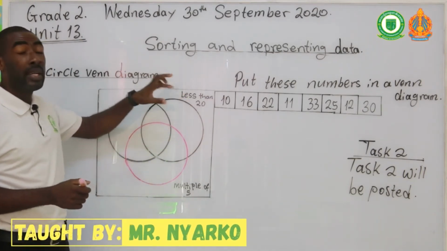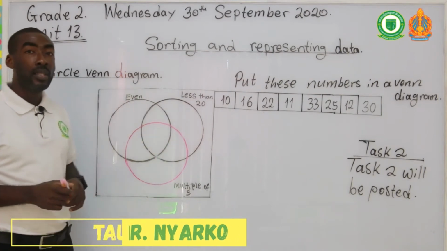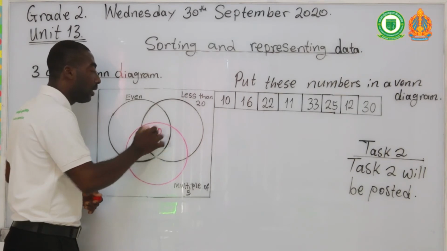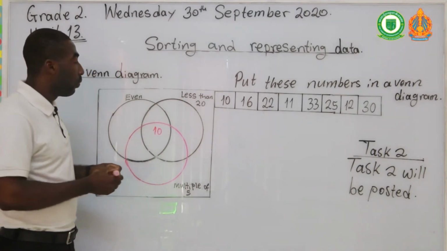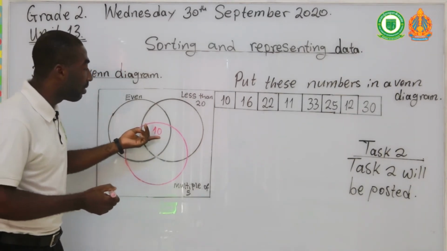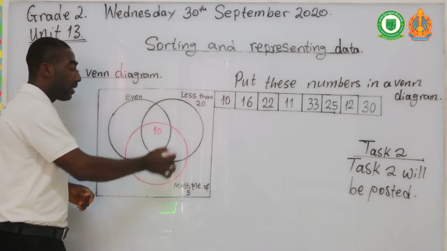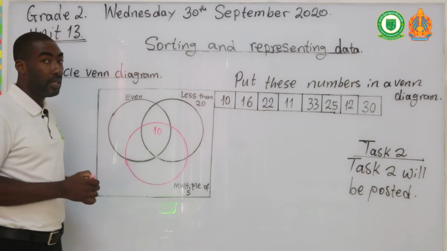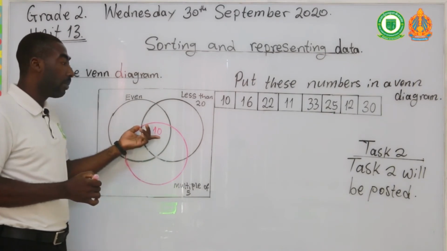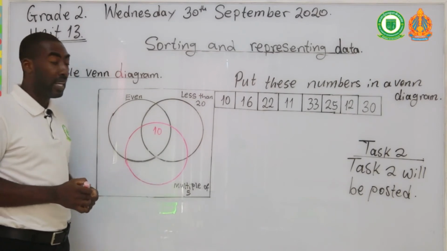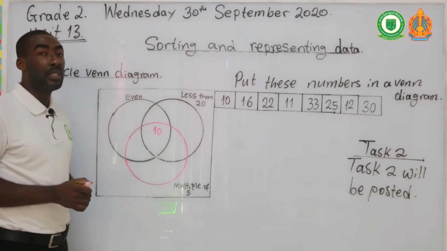It's a common number to all the 3 circles. That means we have to put our 10 in the middle here. So putting a number here in the middle, it represents the first circle, the second circle, and the third circle. 10 is an even number. It is less than 20. It is a multiple of 5. So we put 10 in the middle over here.